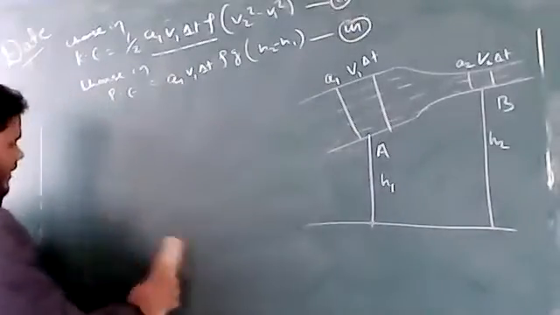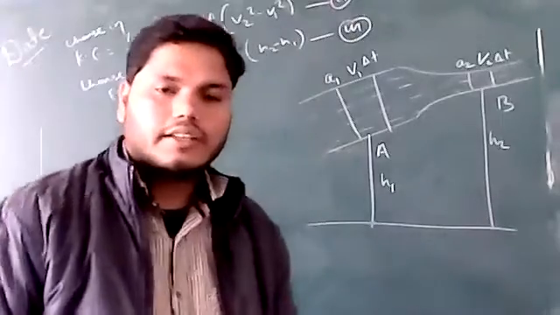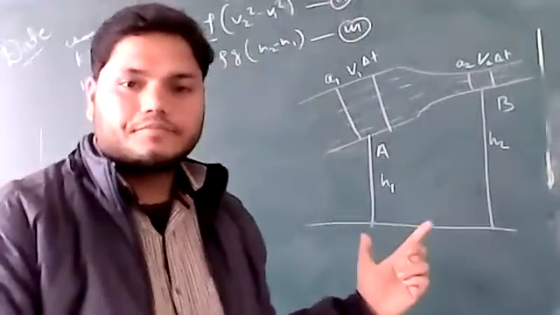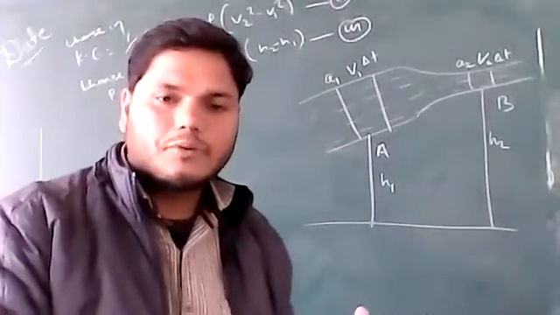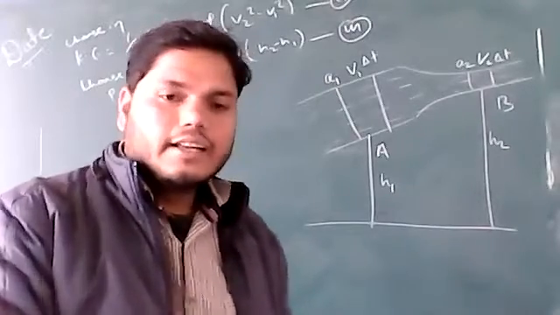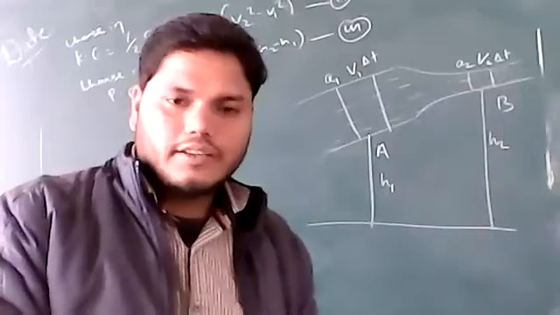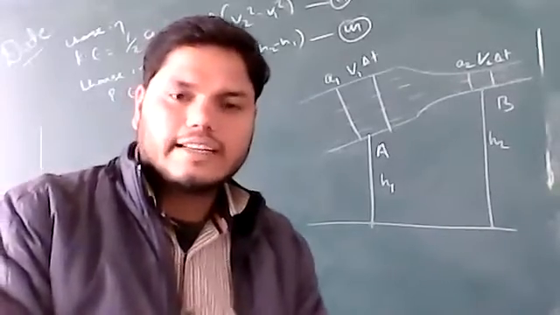Up to this, we have found the mass, the total amount of mass passing through the A point as well as the B point. So m equals A1 v1 delta t into rho, equal to A2 v2 delta t into rho.